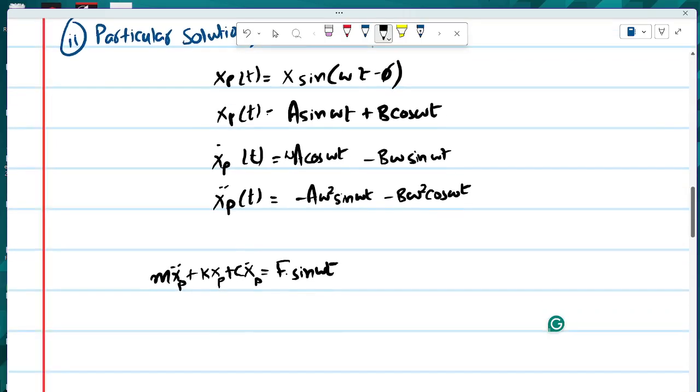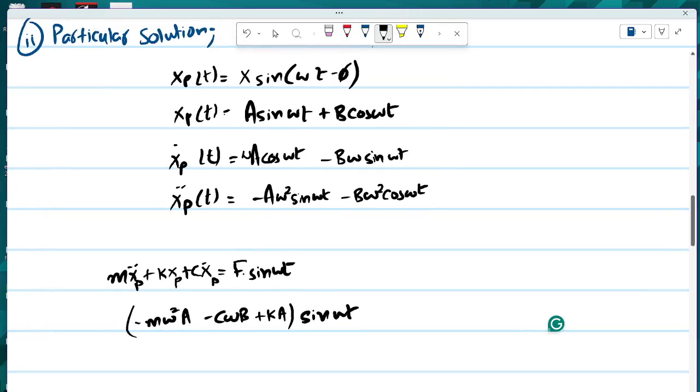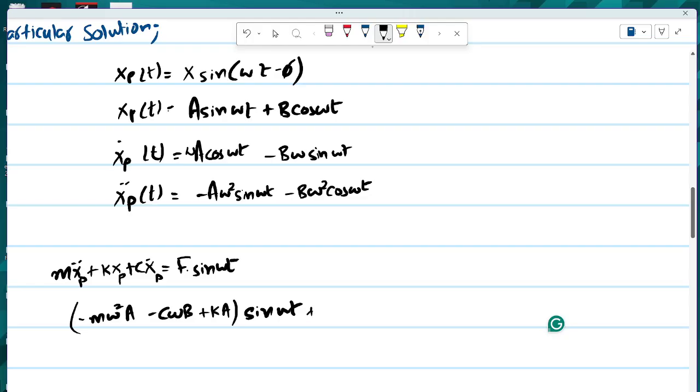So you can separate sines and cosines. It will become (minus m omega squared a minus c omega b plus k a) times sine omega t, plus another one, (minus m omega squared b plus c omega a plus k b) times cosine omega t, and this whole thing equals f naught sine omega t.